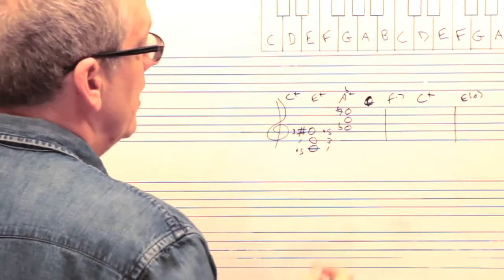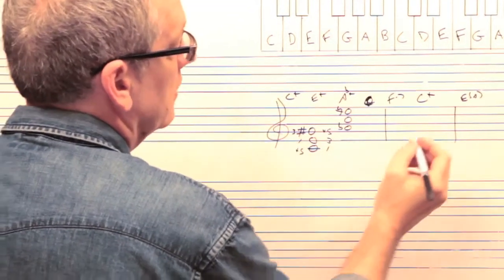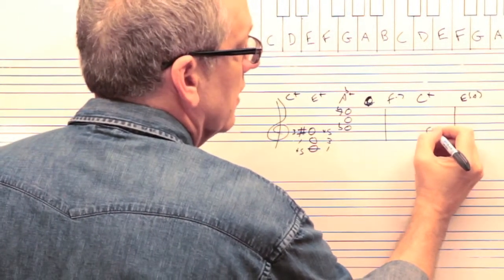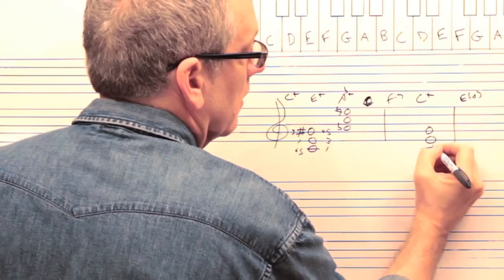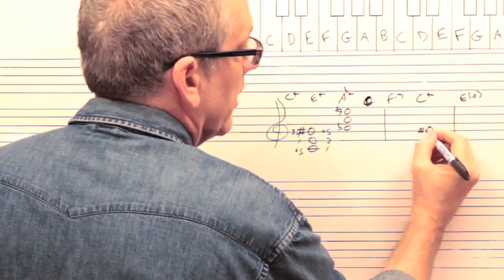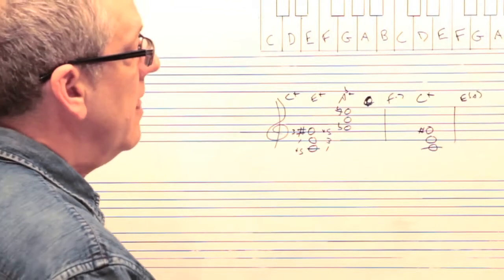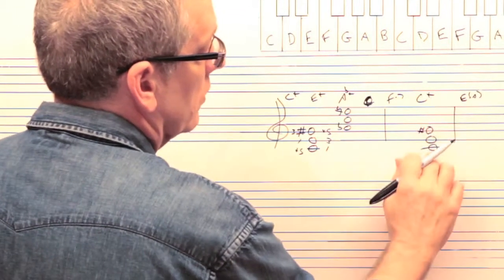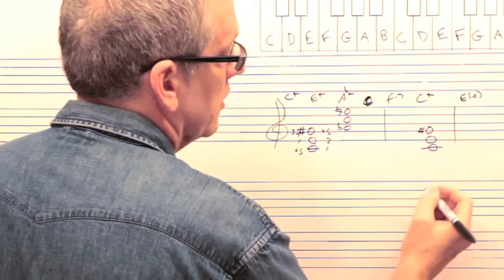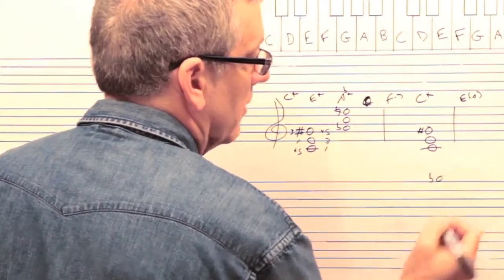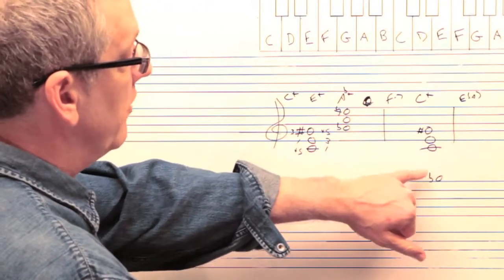Okay, if we have the C augmented chord, if we just drop this down a whole step, what does that give us? It gives us B flat. So there's our B flat note.